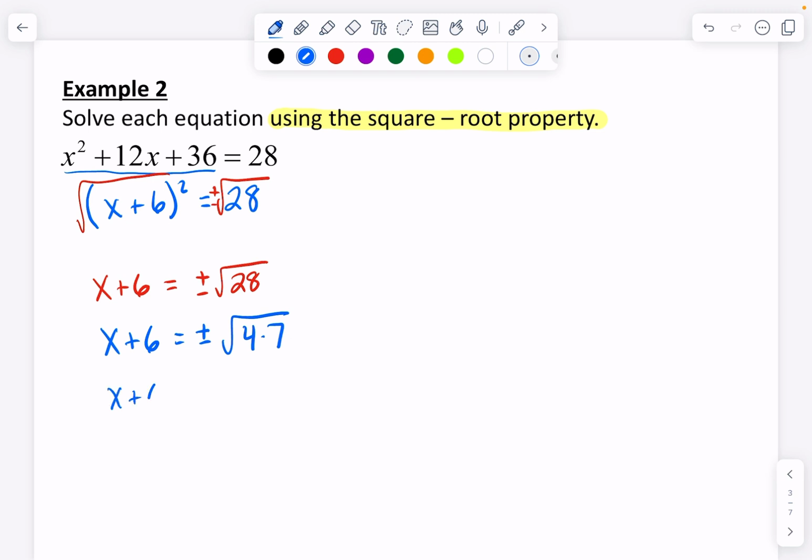So then the 4 breaks out and becomes a 2 and becomes a 7 underneath the radical. Now the 2, it's 2 times root 7. The 2 doesn't go in front of the plus and minus, because when I subtract now this 6 over, that's what goes in front of that. Okay?